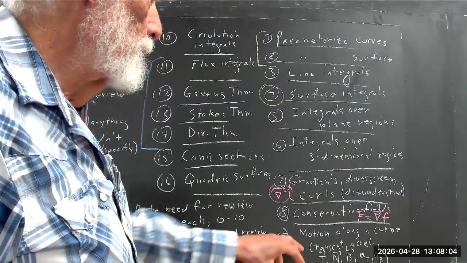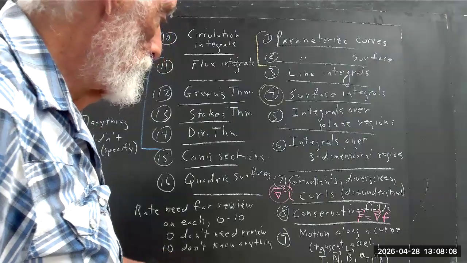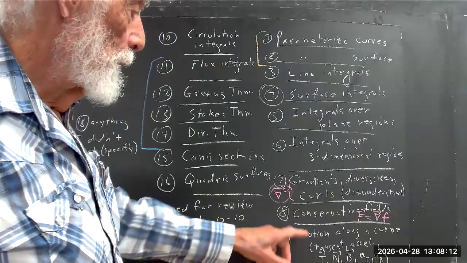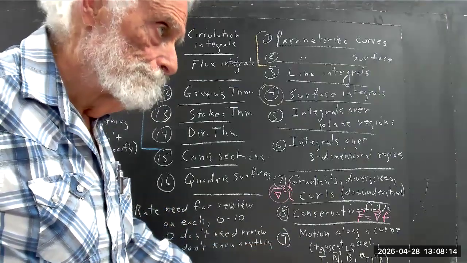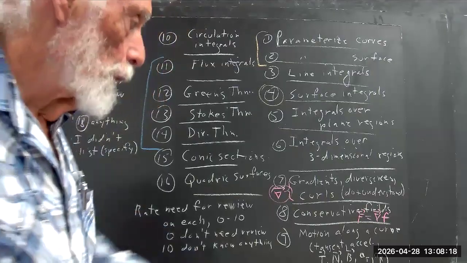Motion along a curve. People tended to feel pretty confident in that. I'll write a few things down, but just saying it kind of quickly. You've got your R vector.